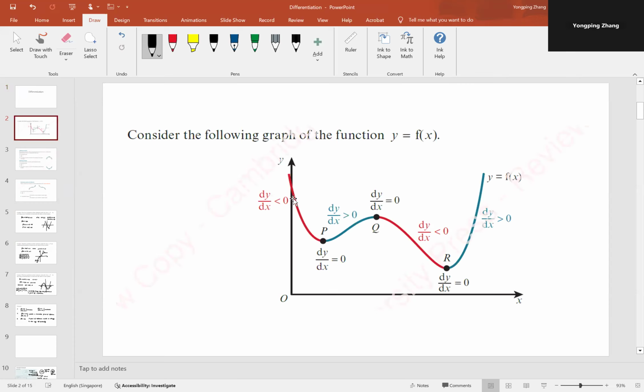For this function y equals f(x), at some point the first derivative f'(x) equals 0. How to determine the nature of this point? We can use the second derivative to determine.